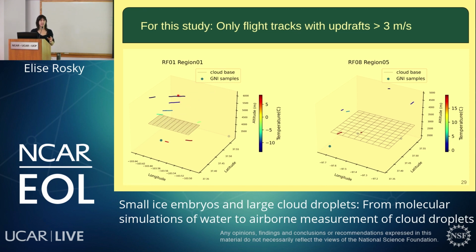For the rest of this analysis, I'm only using data from these tracks and not any other parts of the cloud. And then the data points show where we collected a GNI sample, that's the giant nuclei impactor, and I'll explain more about that instrument later.